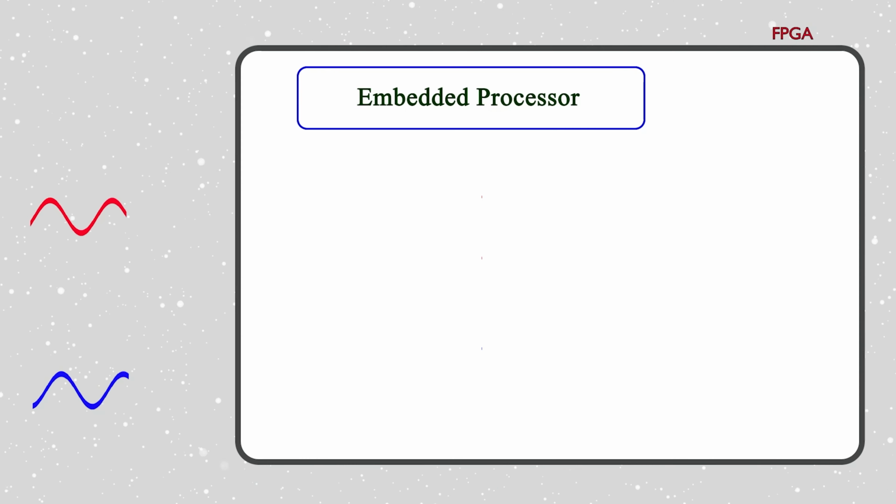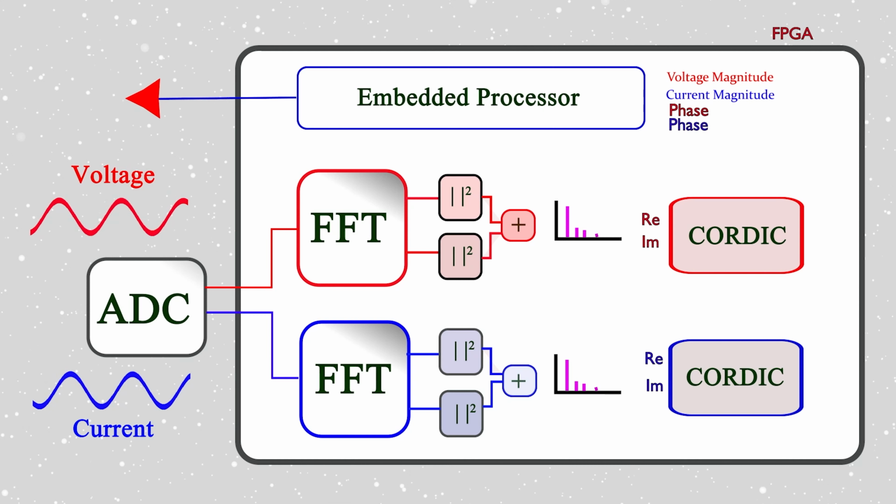Then the next thing we'll do is try to take that information, so the harmonic information, the magnitude of the voltage and the current, and then try to pass it out of the development board using the UART into a graphical user interface. And we'll have a look in Matlab at writing a graphical user interface to visualize those waveforms, and that will be the end of the project.